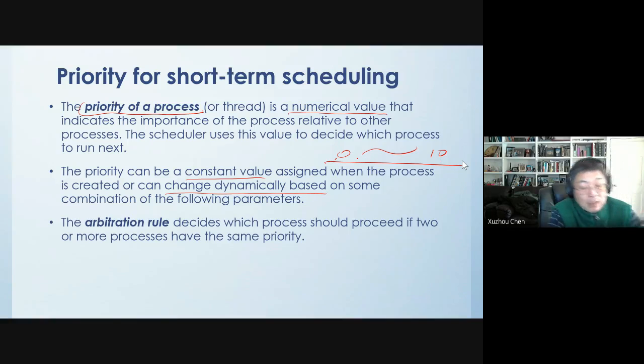Now, some priorities are constant. For example, in a computer system you may have many different processes, and some of them are definitely more important than others. If you're running a computer system, some of the processes are running to do security checking, just monitoring the system to make sure no virus attacks the computer system.